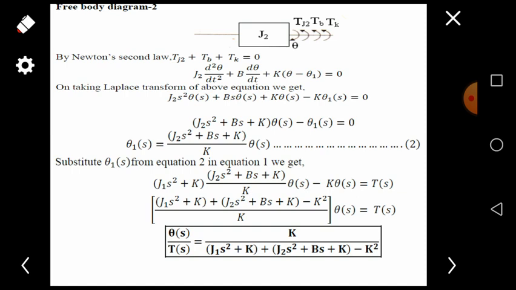So we are going to calculate the value of theta of s divided by T of s now. Theta of s divided by T of s equal k divided by J1 s squared plus k into J2 s squared plus bs plus k minus k squared. This is our transfer function for this rotational system.